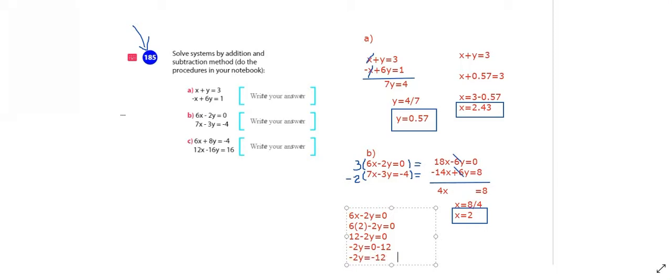Then I need to take the minus 2 to the other side dividing, and then I say that y is equal to 6 positive.